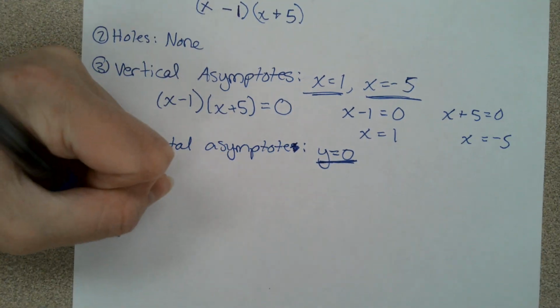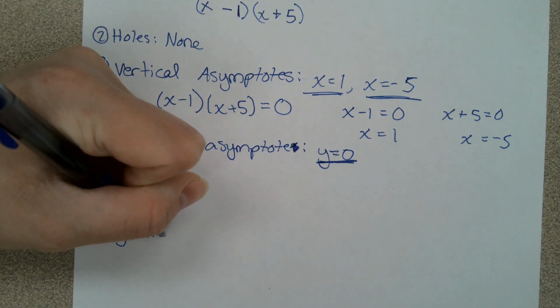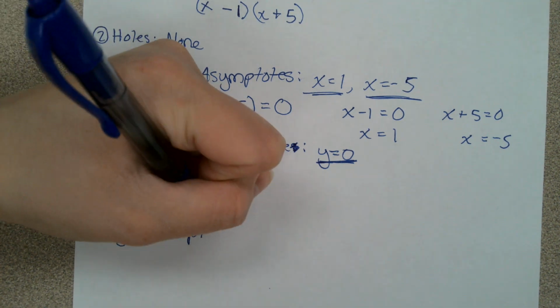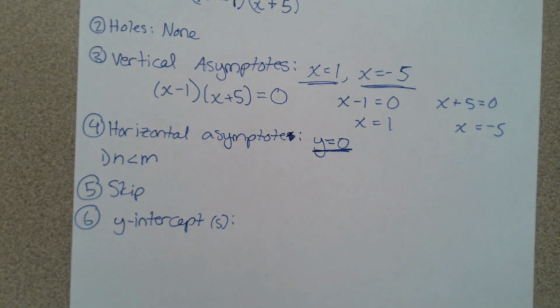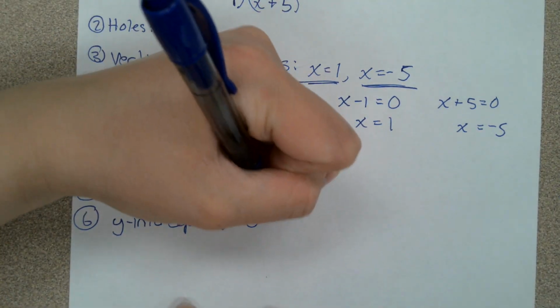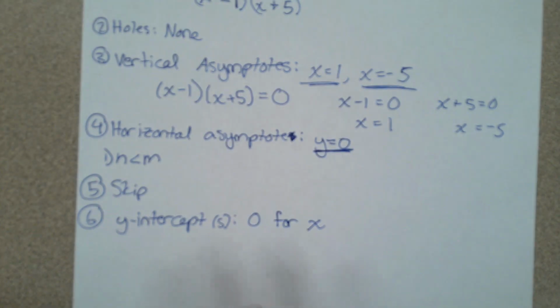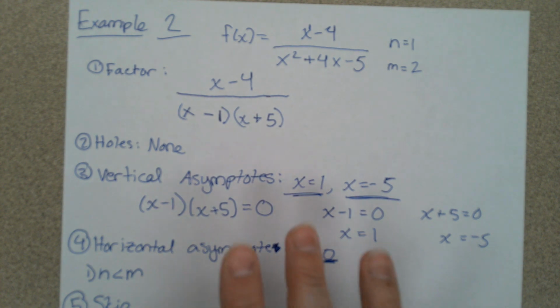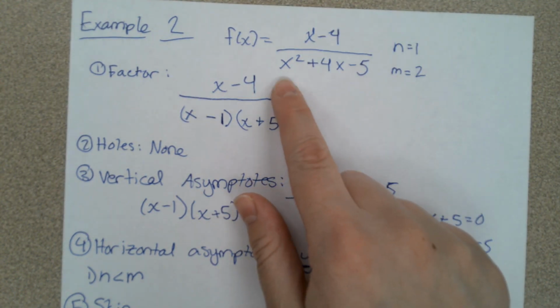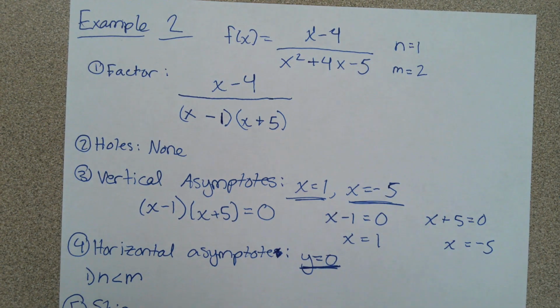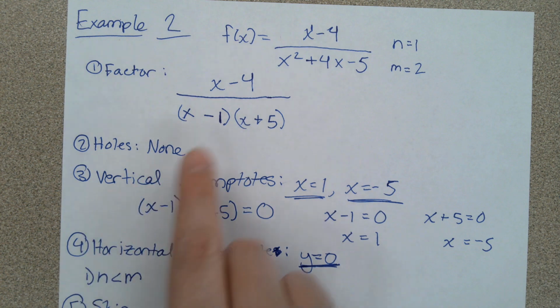So, for the y-intercept, we do 0 for x. We can plug it into the original or the factored. I'm actually going to plug it into the original because this simplifies a little bit quicker. It's really not that big of a time difference, but this one you can do more mentally.